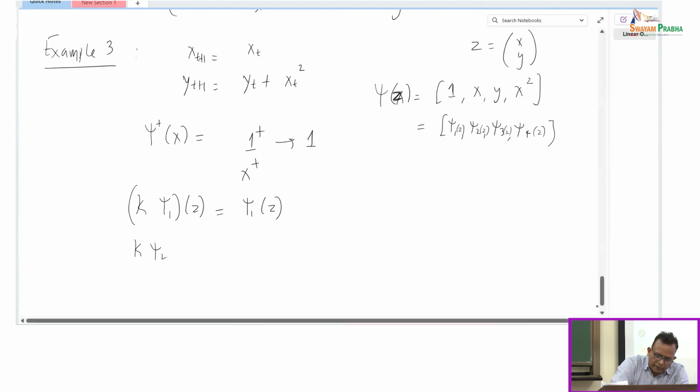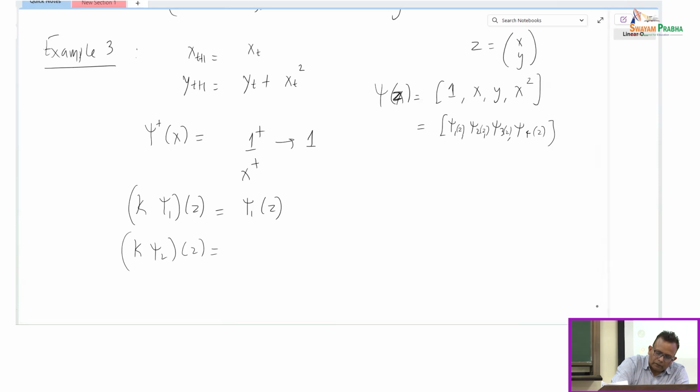Now the Koopman operator acting on psi 2 of z will be psi 2 of, let's call this the mapping T of z. T of z, so psi 2 is x and T of z's first coordinate is just x. So this will again be psi 2 of z, right? Because x at t plus 1 is again x at t. Make sense?